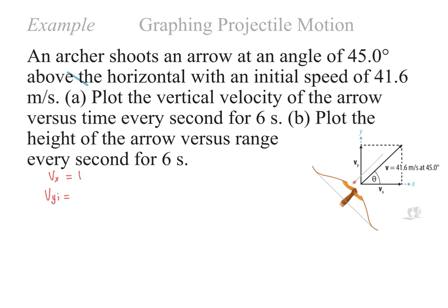We take our initial velocity times the cosine of theta. The initial velocity they gave us is 41.6 meters per second, so I have 41.6 meters per second, and I'm going to multiply that by the cosine of the angle that they gave me.